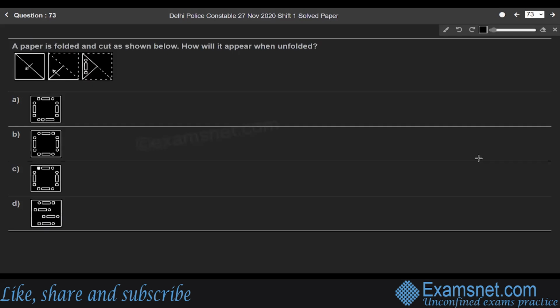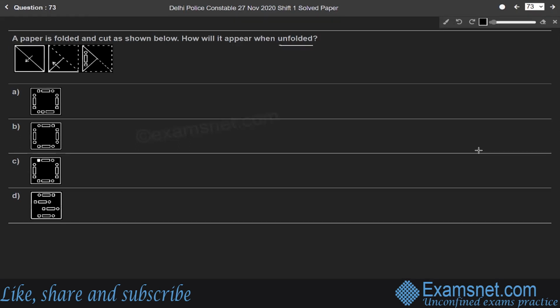Question 73. A paper is folded and cut as shown below. How will it appear when unfolded? In figure 1, the paper is folded along its diagonal, and in figure 2, once again it is folded. In figure 3, the cut portions are shown, right? Let me show it more clearly.